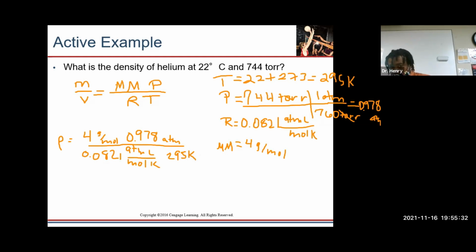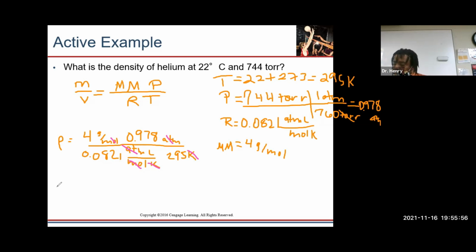If we look at those units, just to show you, ATMs are going to cancel out, moles are going to cancel out, Kelvin is going to cancel out. So we're left with just grams per liter.